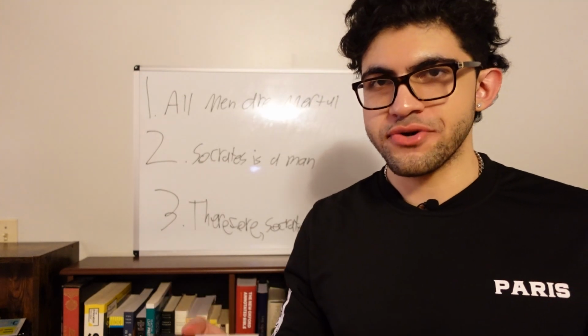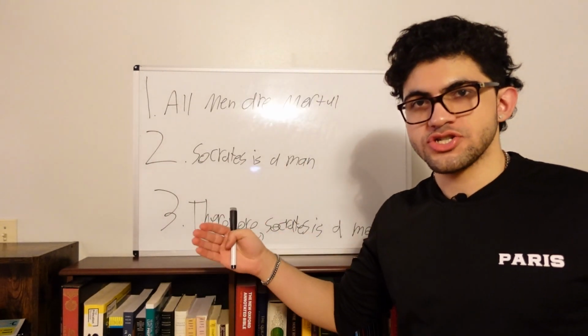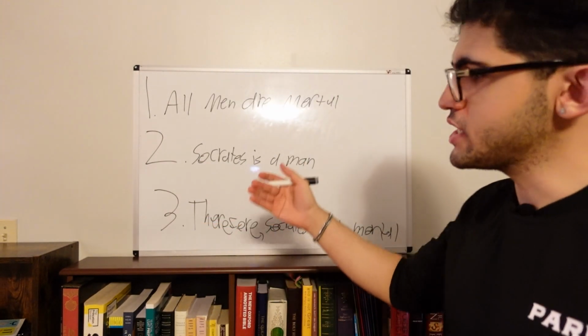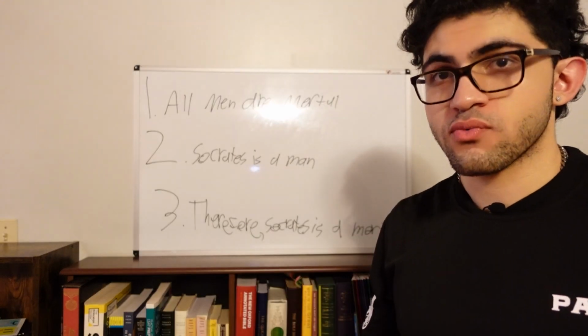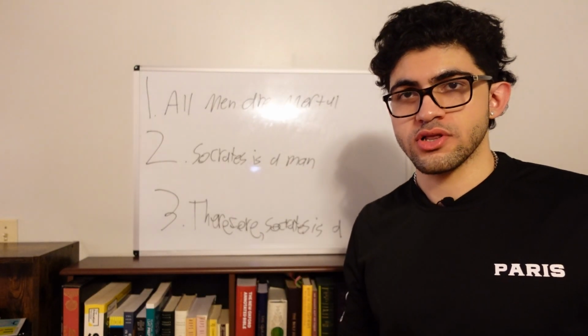Now, the thing to make note of here is that such a form of argument takes what appears to be a pattern, and we're going to show what that pattern would look like.